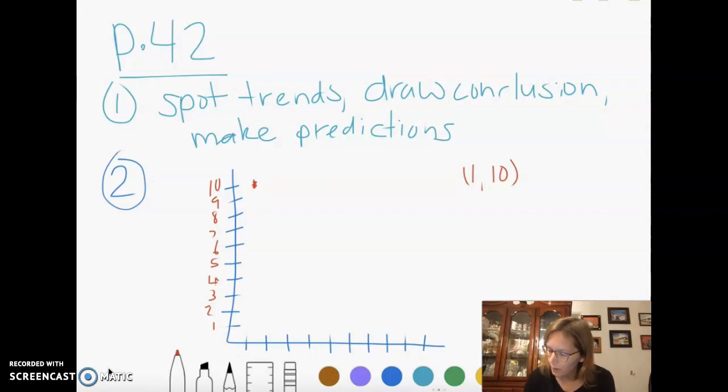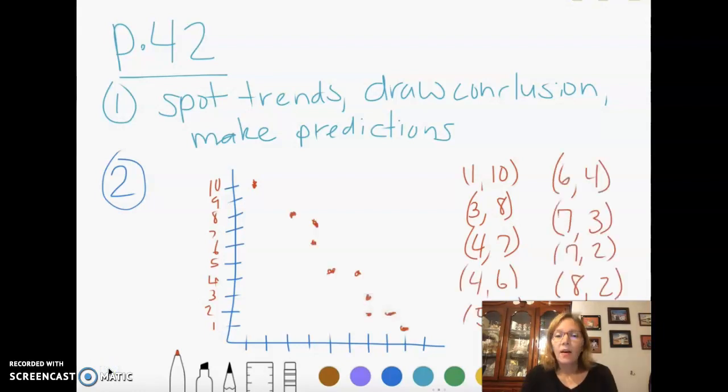My next point is going to be 3, 8, 4, and I could just go straight down in order, or I could kind of make them random. So notice that my X's are getting bigger, increasing, and my Y's are getting smaller, or decreasing. That is the definition of a negative scatter plot.